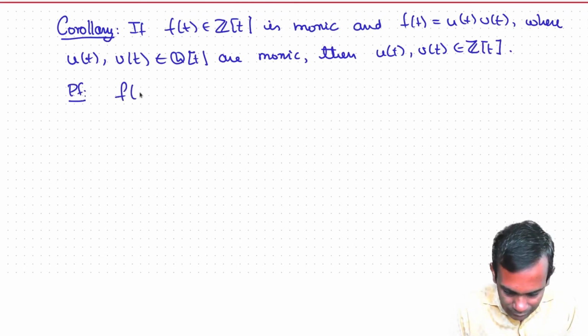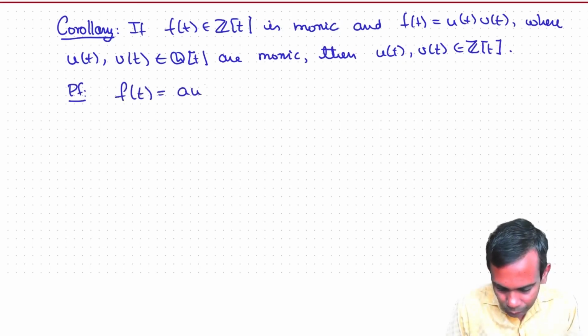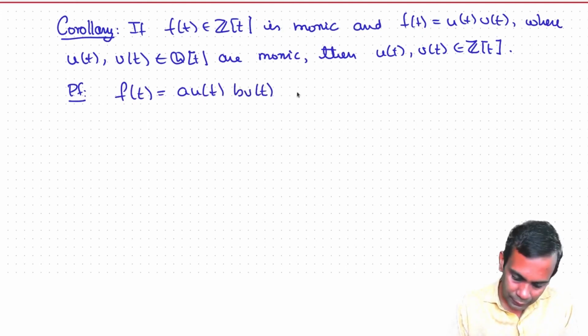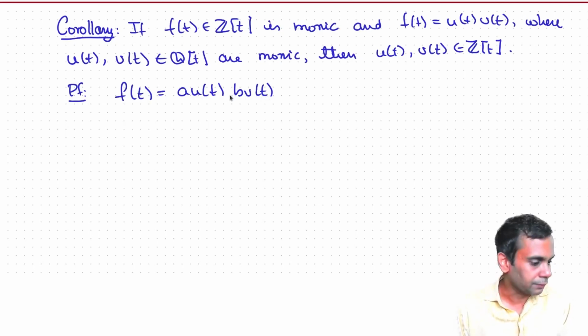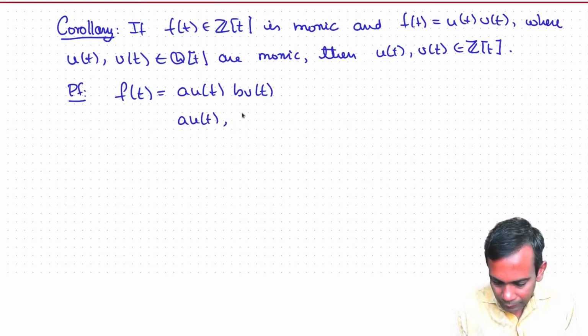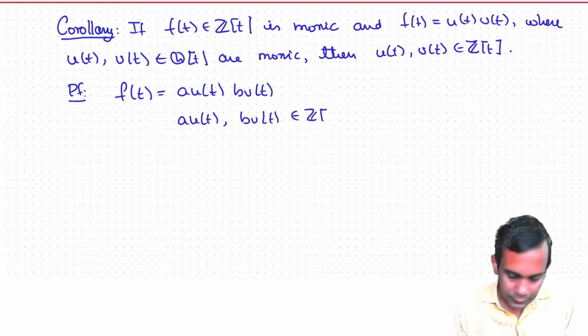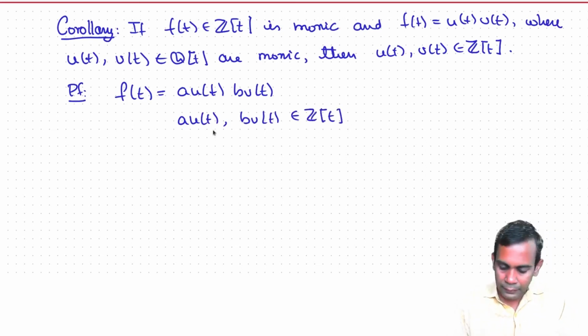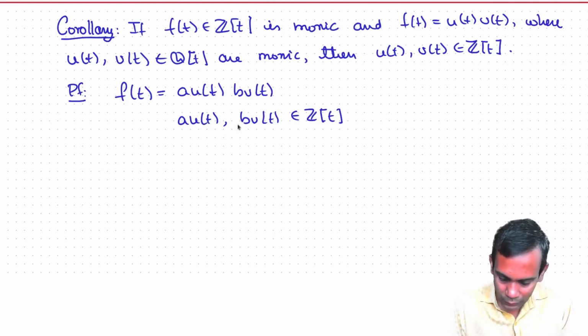So what we have is that f(t) is a u(t) times b v(t), where a, b are rational numbers, and a u(t), b v(t) are primitive. Okay, but a u(t), b v(t) belong to Z[t], and if their product is monic, then their leading terms must be equal to 1.